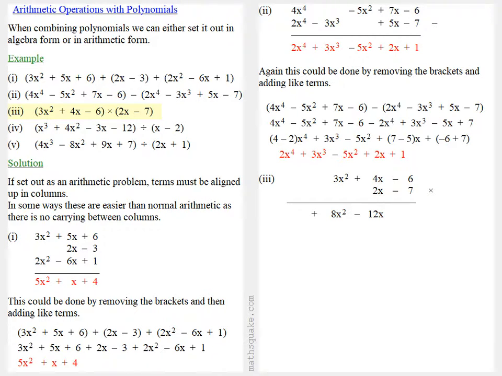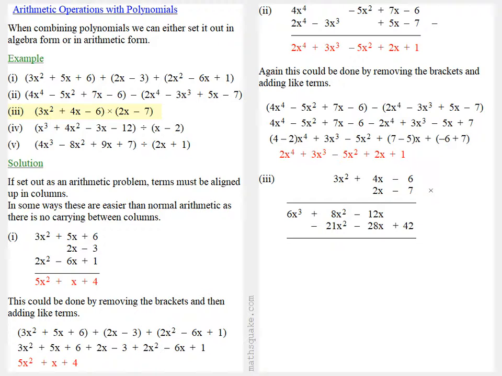And 2x times 3x squared is 6x cubed. Underneath we multiply by minus 7. Minus 7 times minus 6 is plus 42, and we put that in the number column. Minus 7 times 4x is minus 28x, and minus 7 times 3x squared is minus 21x squared.